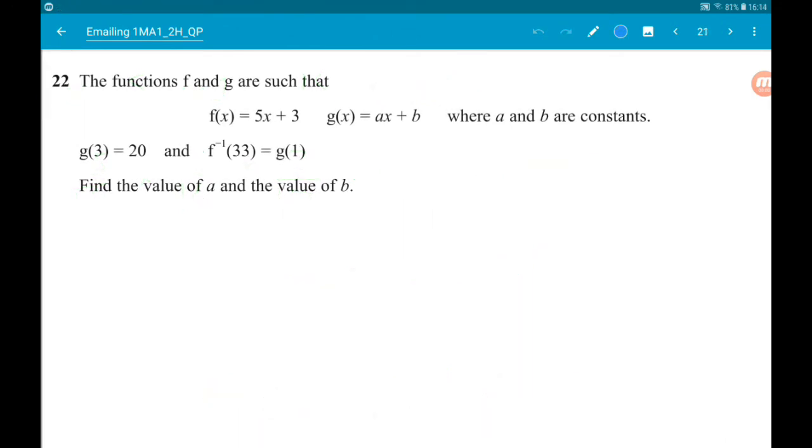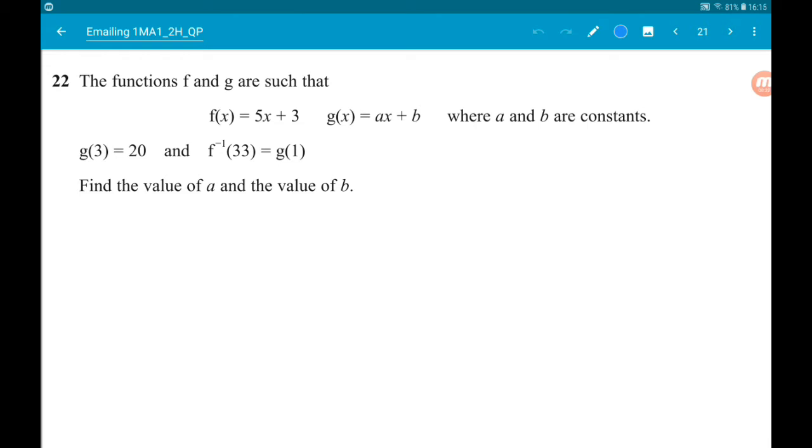Okay, number 22 is functions and simultaneous equations, all in the same question. So the functions f and g are such that f of x is 5x add 3, and g of x is ax add b, where a and b are constants.